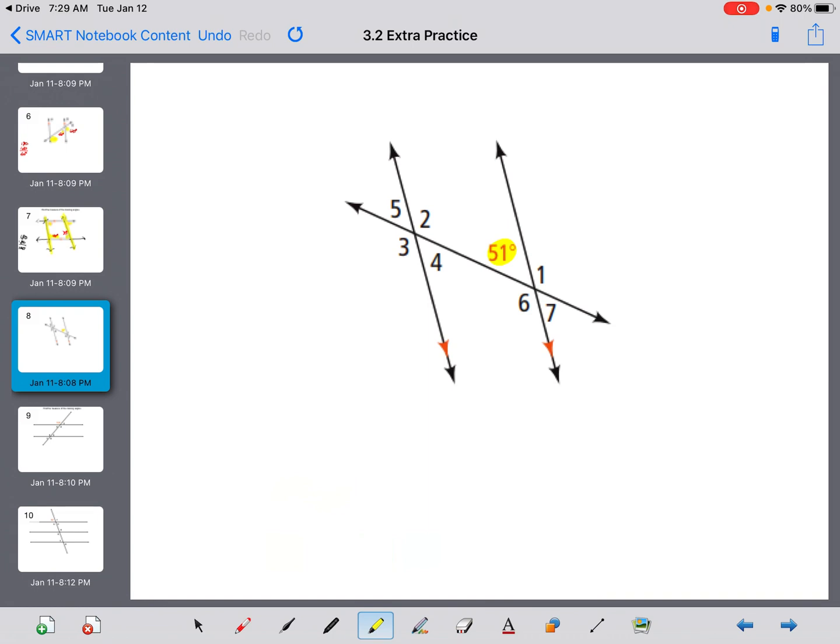Here you have 51 degrees, which automatically, as alternate interior, makes angle 4 51 degrees. Angle 4 and angle 7 are corresponding, so angle 7 is 51 degrees. Angle 5 and the 51 are corresponding, which also makes this one 51 degrees.